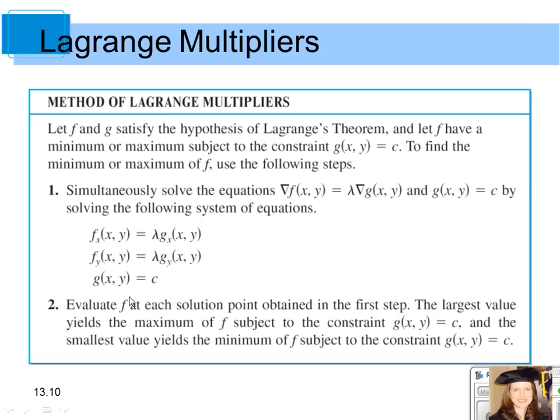And also we need to consider the constraint equation itself. So we should end up with three equations. And you want to evaluate the original function at each solution obtained in the first step when you solve these systems simultaneously. The largest value is going to yield the maximum, and the smallest value is going to yield the minimum, subject to the constraint.